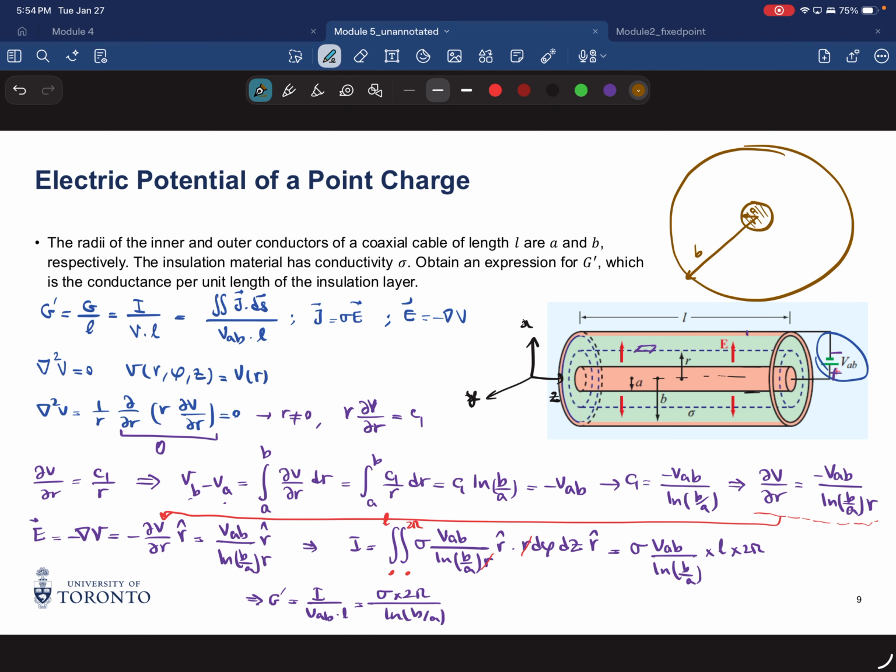In between them, the electric field we derived is 1 over r, in the r hat direction. So here, if this is the positive voltage and this is the negative voltage, the electric field is going from positive to the negative. So it's going to go like this radially. So in the cross section, the electric field would look like this.